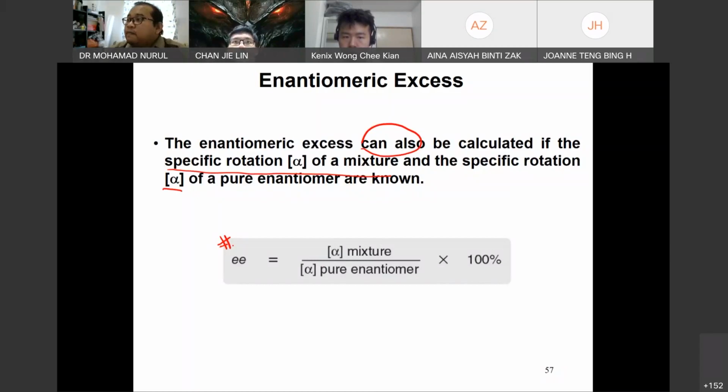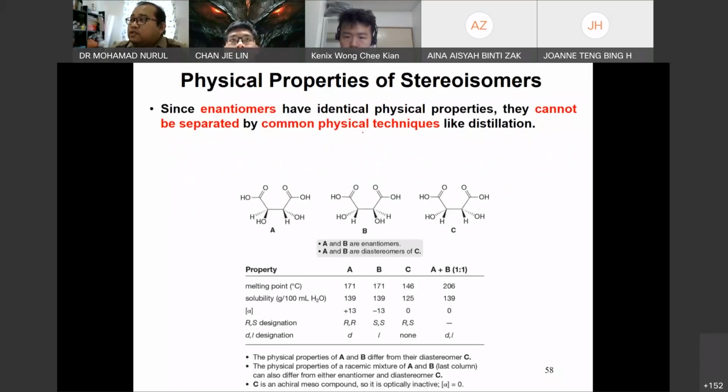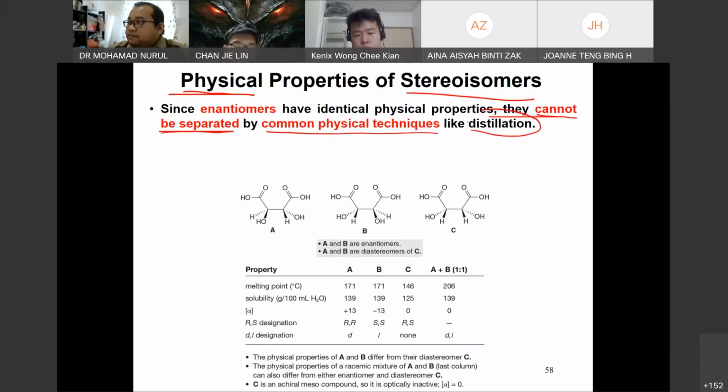For the physical properties of stereoisomers: since enantiomers have identical physical properties, they cannot be separated by common physical techniques like distillation.